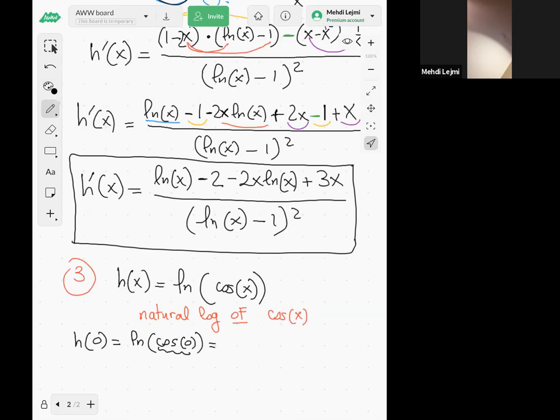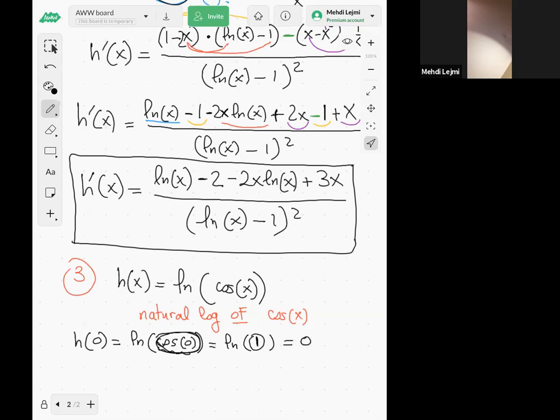So this is actually natural log of 1. It's not natural log times 1, it's natural log of 1. And what's natural log of 1? Well, it's 0. Actually, log of 1 in any base is equal to 0.